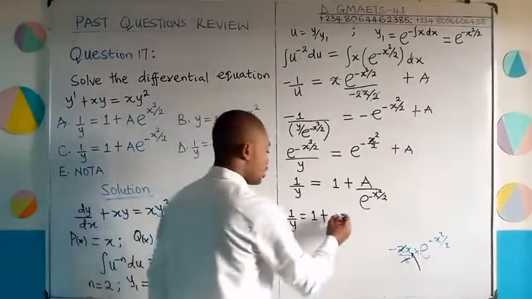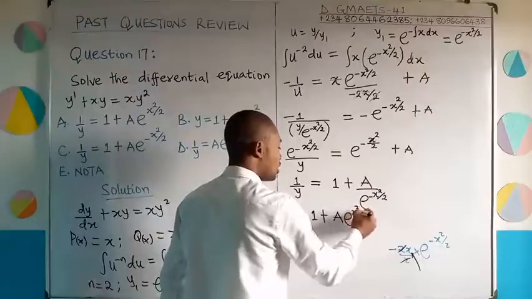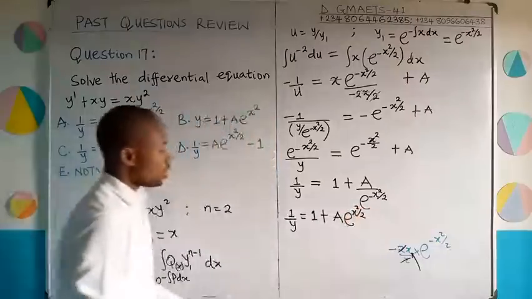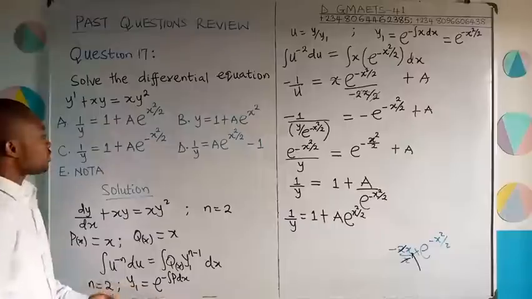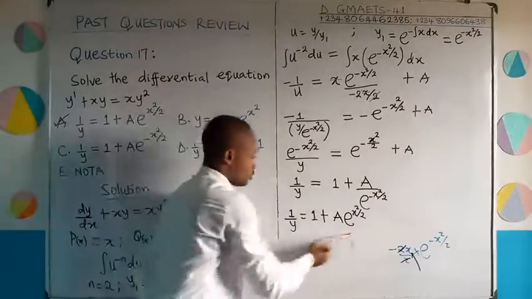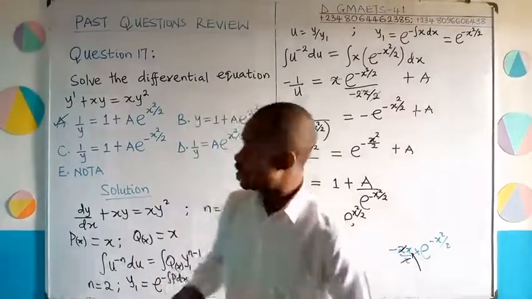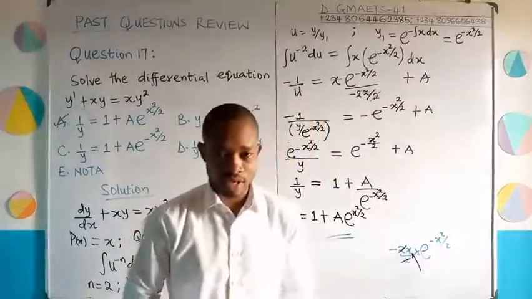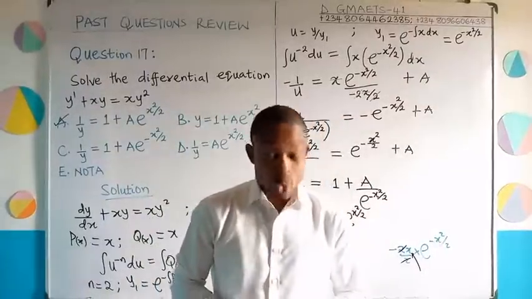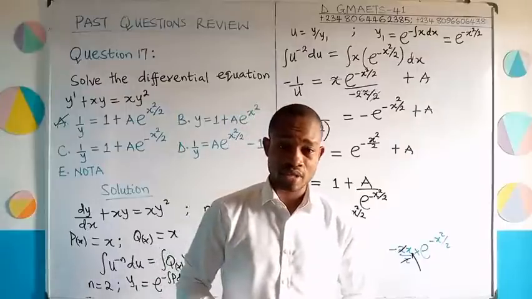And so it's going to become a exponential x squared divided by 2. And I guess I am done with this. The correct option is A. And that's the solution to this Bernoulli's equation number 17 of our revision. We shall be moving on to another question, number 18.